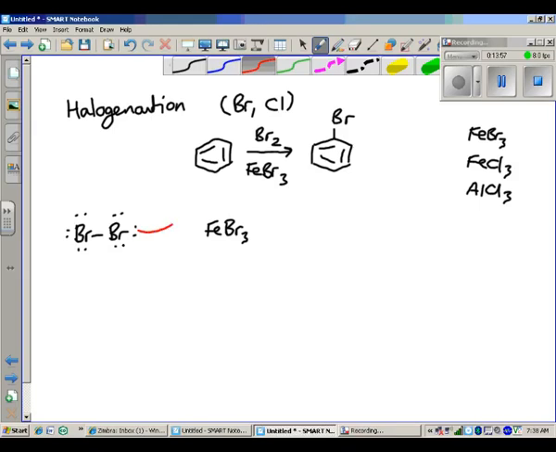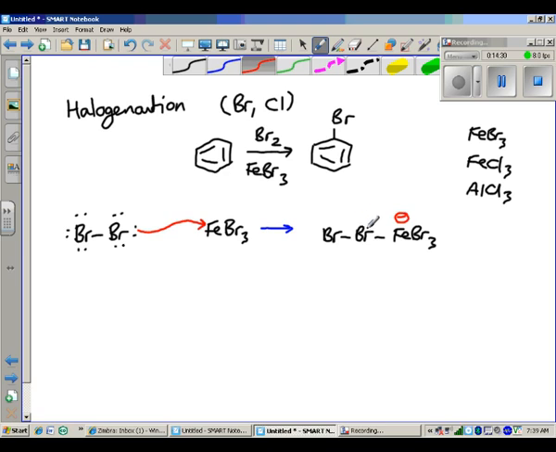So what the bromine does is takes its electrons and grabs onto that iron. And so what we actually form is something that looks kind of like this. And we have this here. Now, when we look at formal charges here, anytime you take electrons and add them into something that already has 0 charge, it's going to have a negative formal charge after you're done.